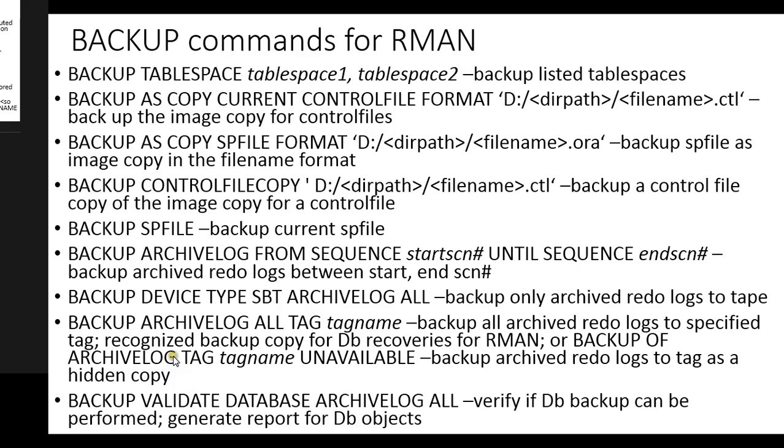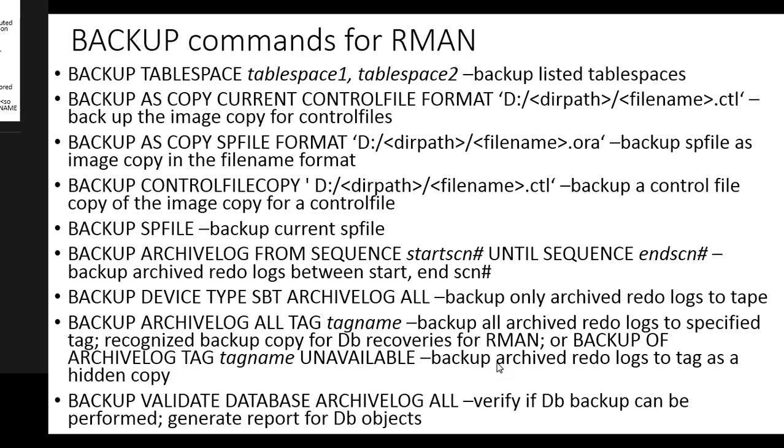Then you also have backup archivelog tag unavailable. What you're doing here is backing up the archive logs and assigning a tag, but this is more of a hidden copy of your backup of the archived redo log.